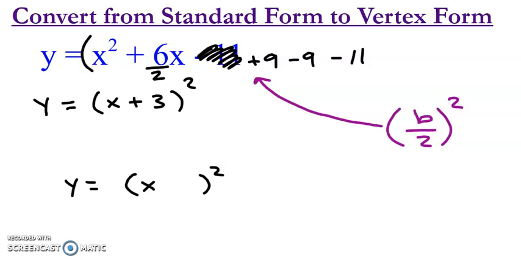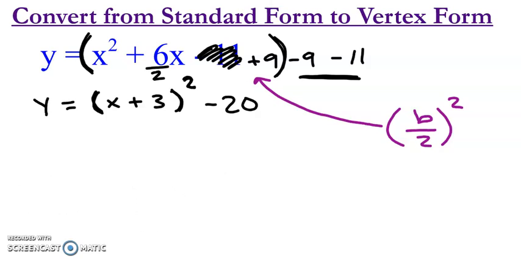And so if I take the x squared plus 6x plus the 9 that I added in there to help me complete the square, then what's in the parentheses here can be rewritten as x plus 3 squared. And now the stuff that I have on the outside here, I can combine those, that becomes a minus 20, and then I just add that to the end of my equation here, and that is essentially my vertex form.